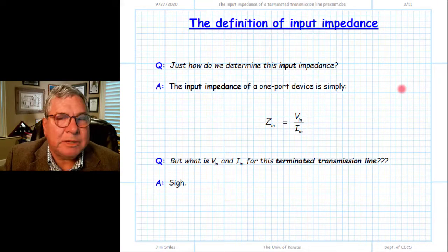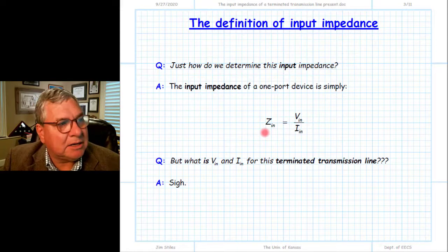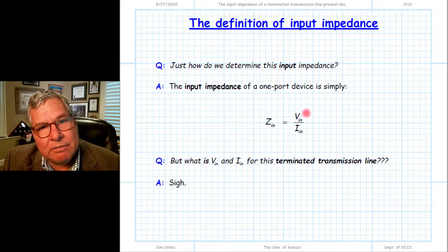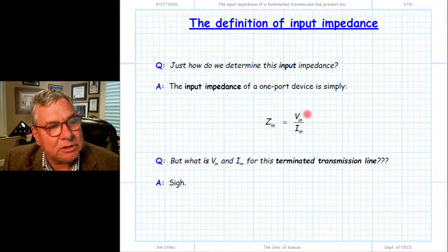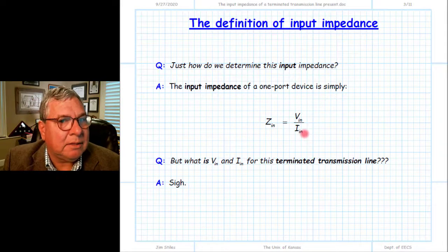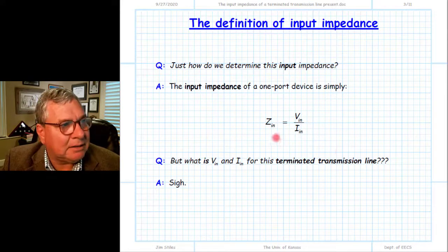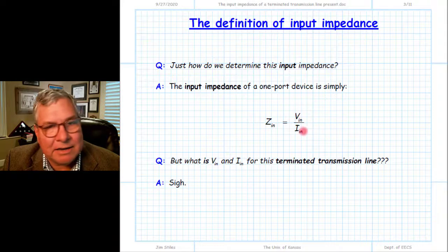So how do we determine the input impedance of this device? Remember, the input impedance is a complex number which is equal to the ratio of the input voltage, the port voltage at the input of that one-port device, divided by the current flowing into that one-port device. Now remember, this doesn't mean that the input impedance is determined by Vin or Iin.